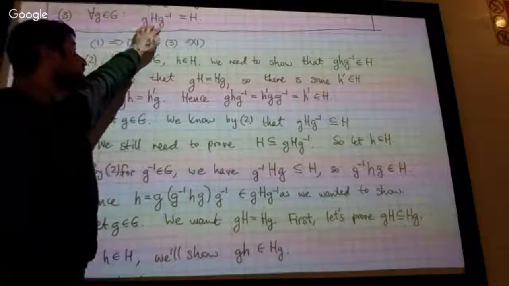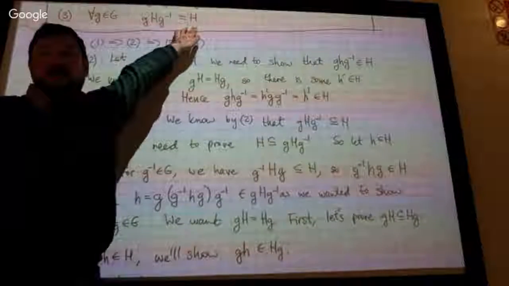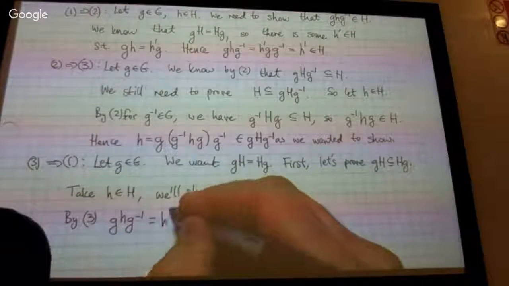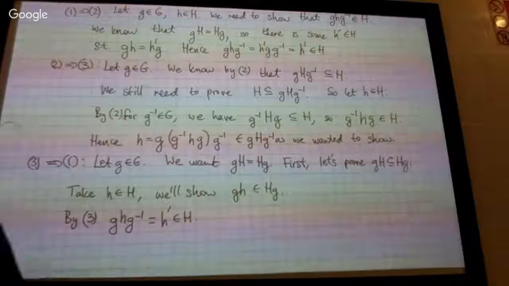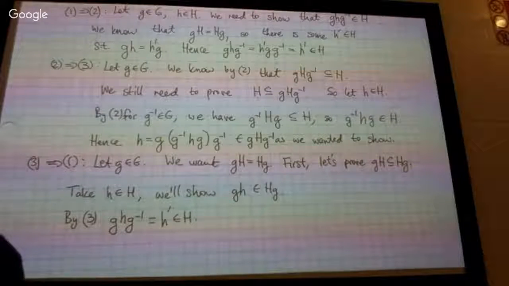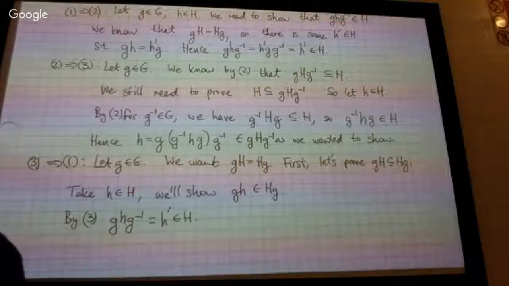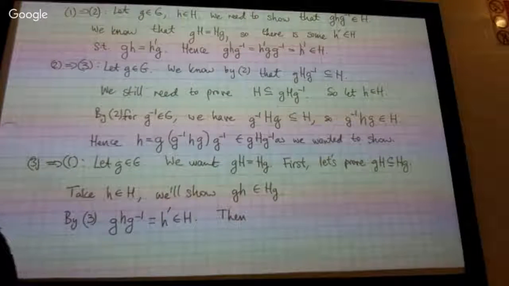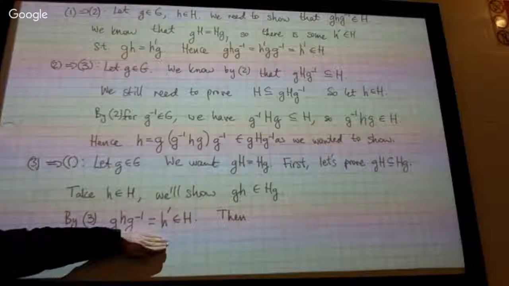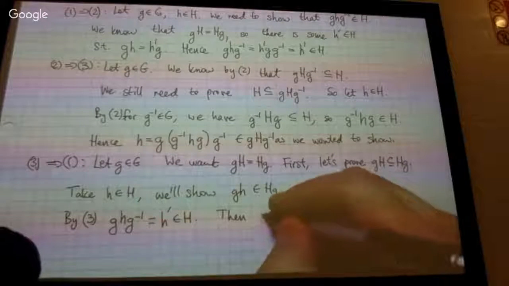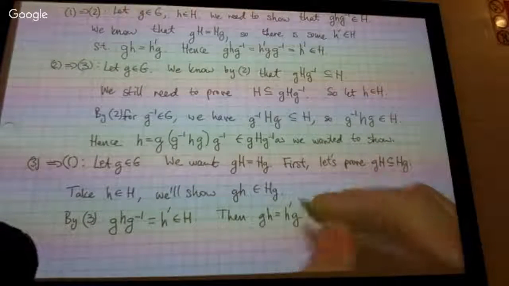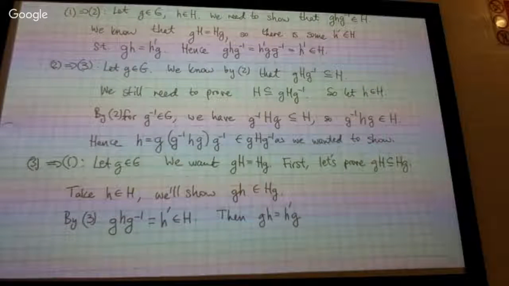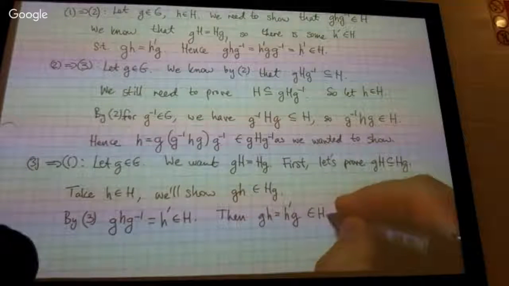GHG inverse is in this set equal to H. So this is some element of the subgroup H. Now if we have some element like this, if I multiply this equality by G, I get GH equals HG. And this is indeed in where I want it to be.